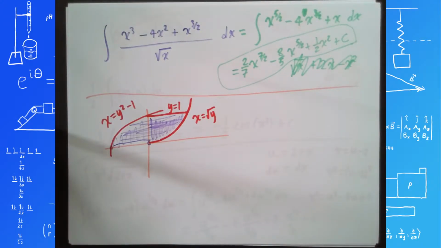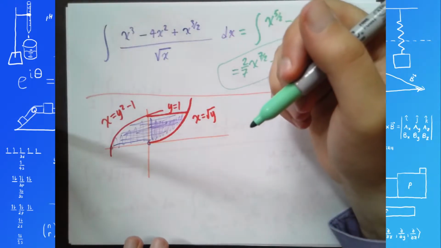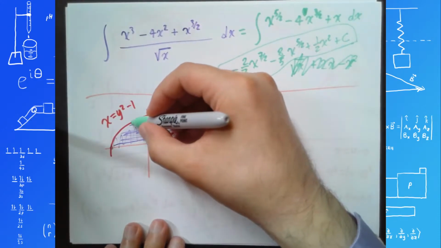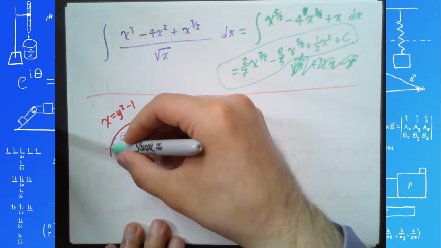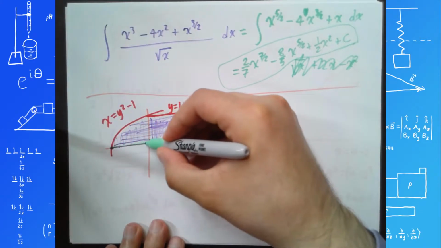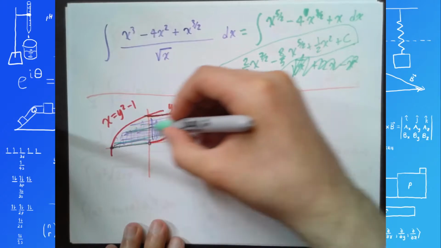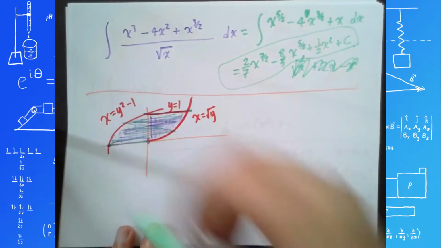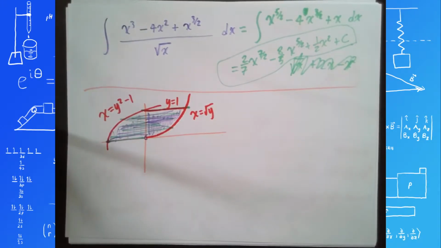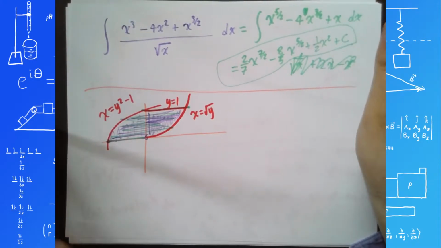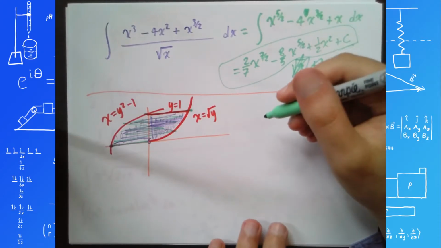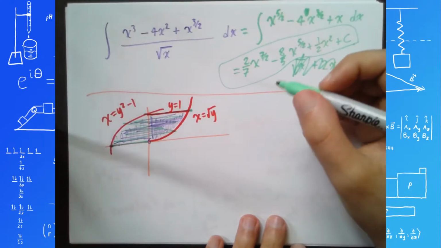Or probably the easiest way, if you want to do it all in one integral, is to integrate in terms of y, in which case we would be integrating from y equals 0 to y equals 1. And we would be integrating horizontally in that case. So let's do the horizontal case first.